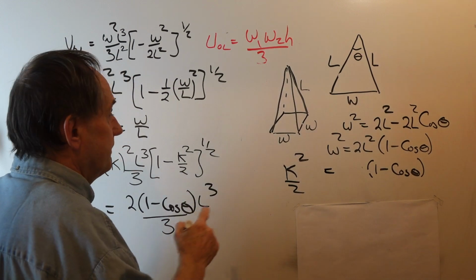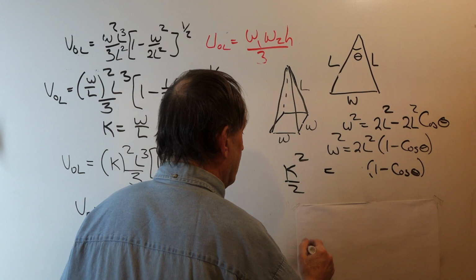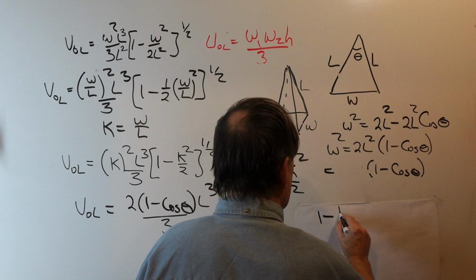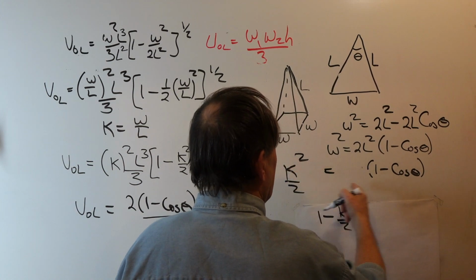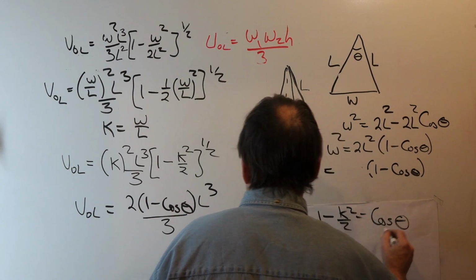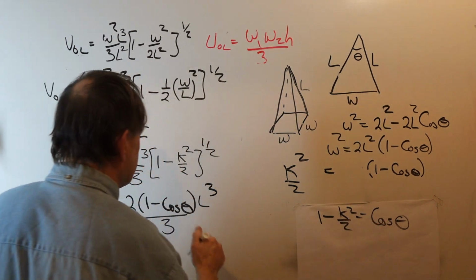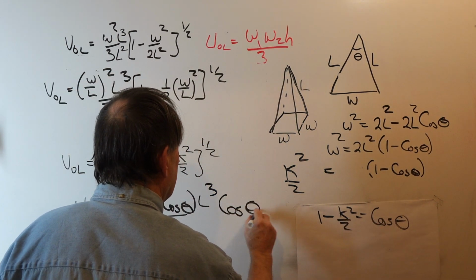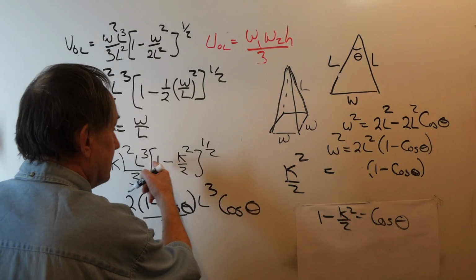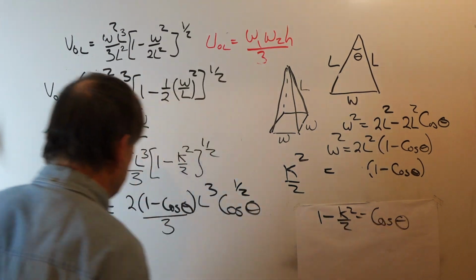And then, if we subtract this from 1 and bring the cosine over, we can write this now as 1 minus K squared over 2, bringing that over, and then the cosine over here is equal to the cosine of theta. Well, look, we have 1 minus K squared over 2, so this just becomes the cosine of theta. So there's our volume to the 1/2 power. Okay, we're taking the square root of this quantity.